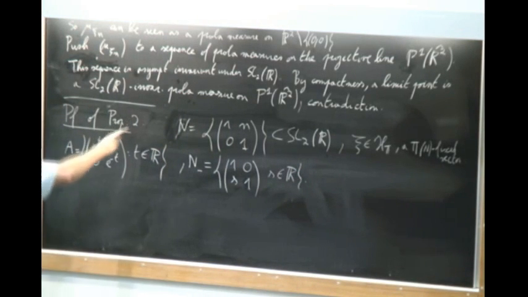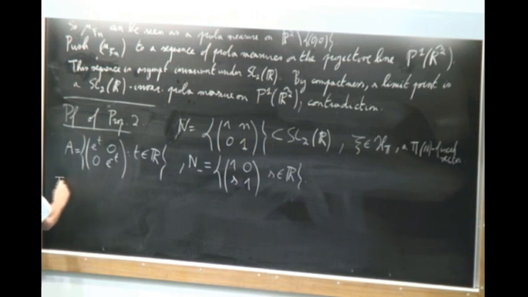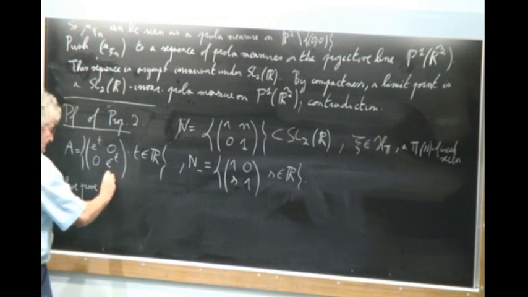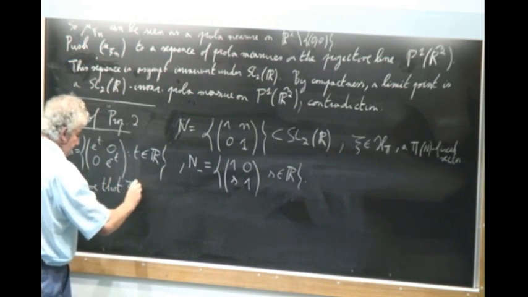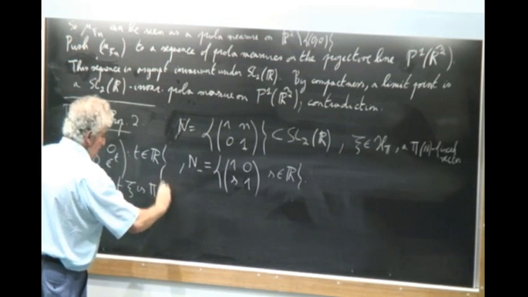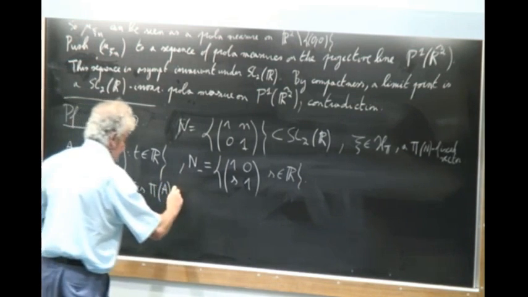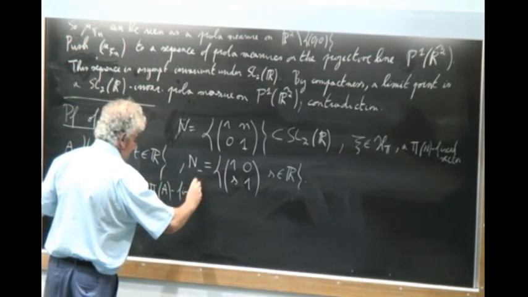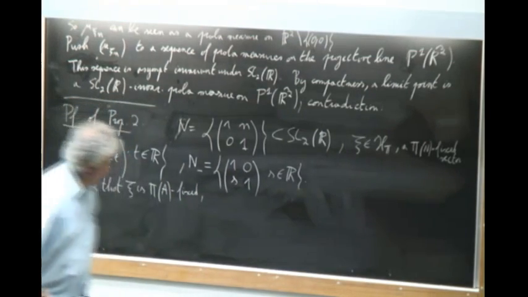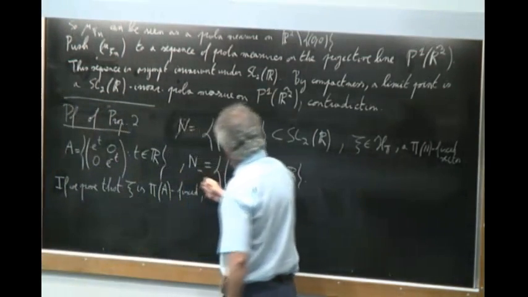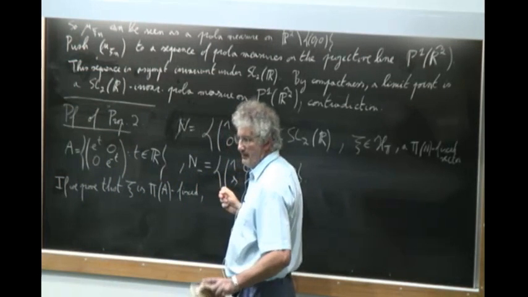Together, these three subgroups generate SL2R, right? And if we prove that psi is also fixed by the diagonal subgroup, then it will also be fixed by n minus because of Mortner's lemma of yesterday.